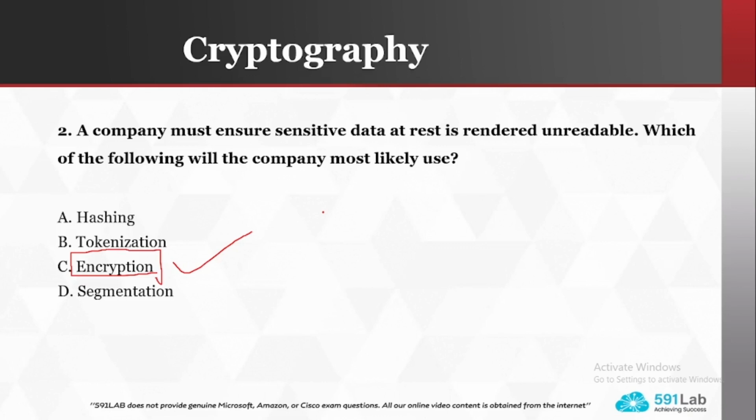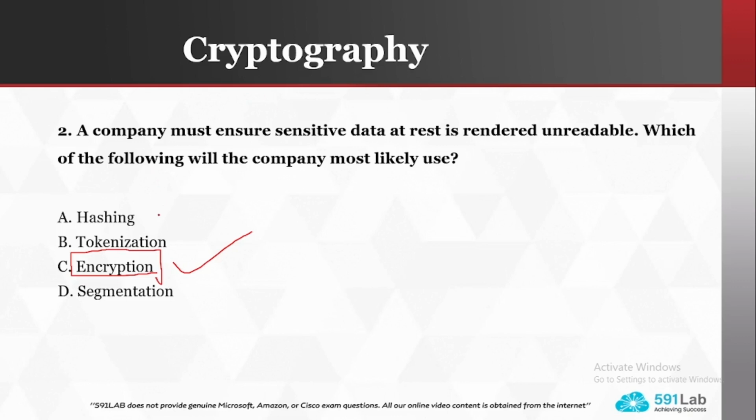There are various algorithms and various keys, like symmetric and asymmetric keys, we can use to encrypt and decrypt any data. The second reason is that it's reversible. While encryption renders data unreadable, it's also reversible using the correct key. This means it allows authorized users to access and decrypt the data when needed.